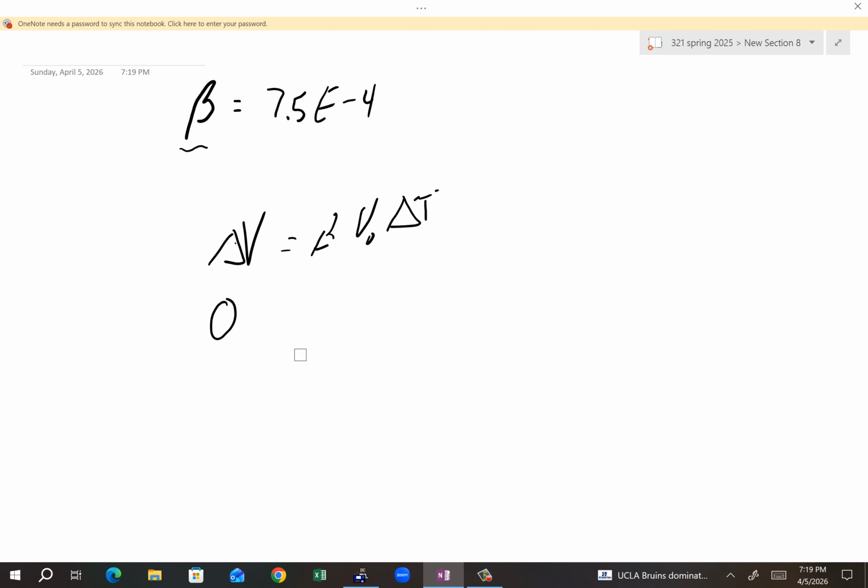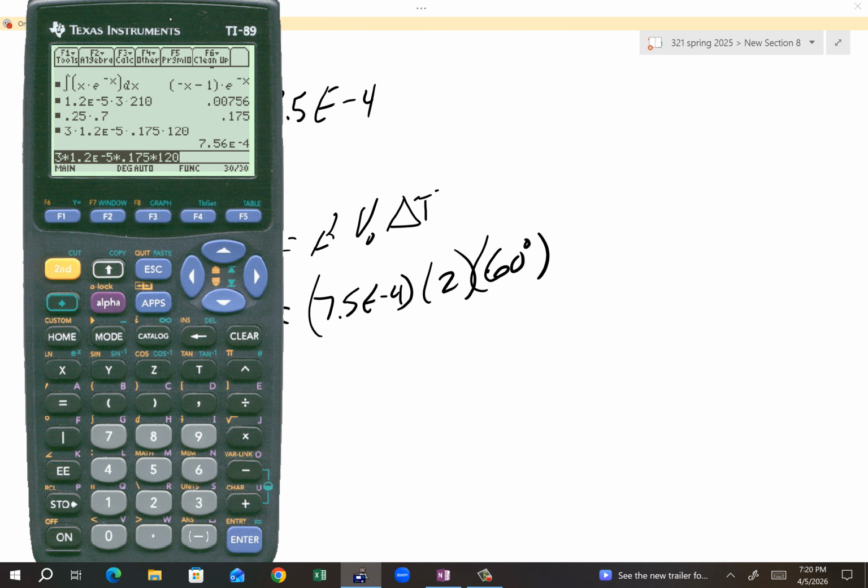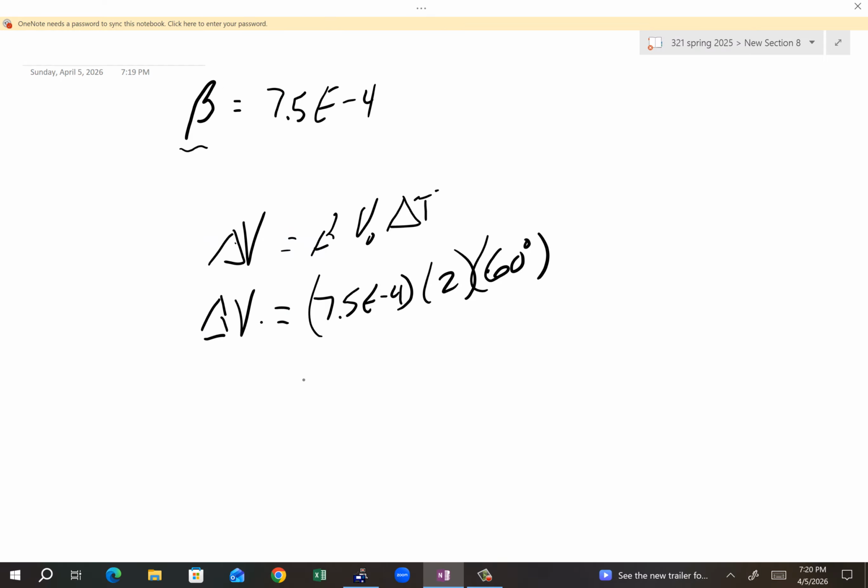Let's say you had 2 liters of alcohol, and you heat it from 0 degrees C to 60 degrees C, so the change is 60. You get 0.09 liters, which is a healthy amount.